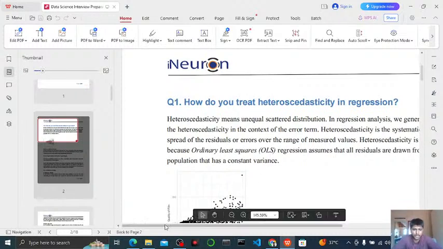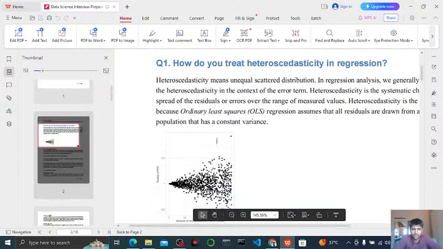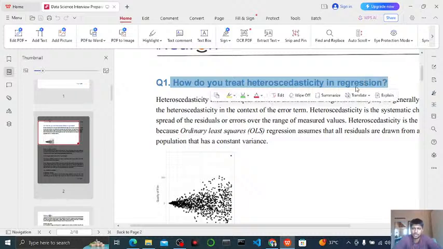All right, so now we'll try to understand how you treat heteroscedasticity in regression.